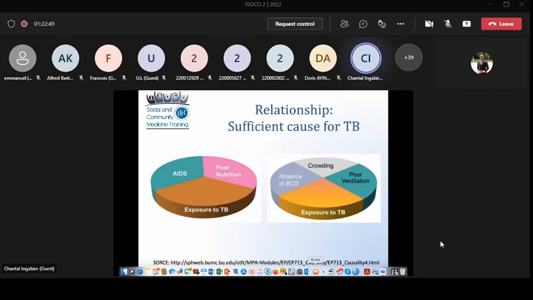I think you can understand what we call the sufficient cause for TB to happen. So there might be different scenarios to explain the outcome of the disease, but all the time there should be exposure to one of the factors, and the factors are not the same to explain the disease in different people. Is this clear?